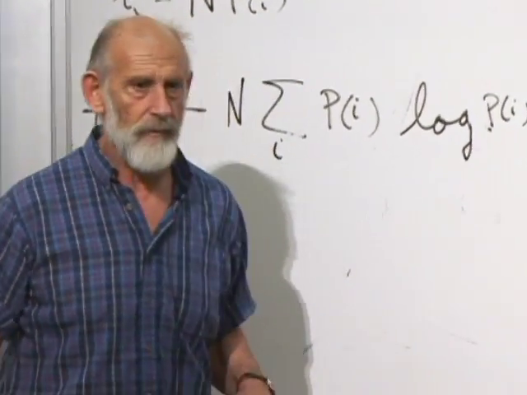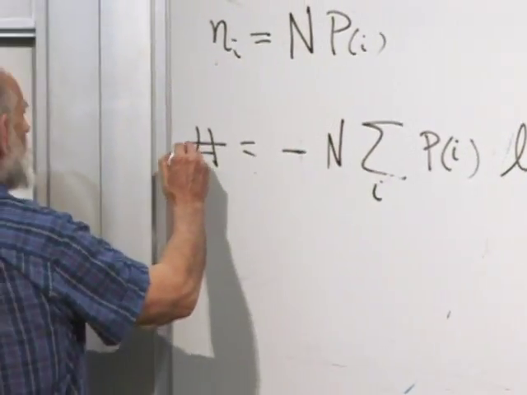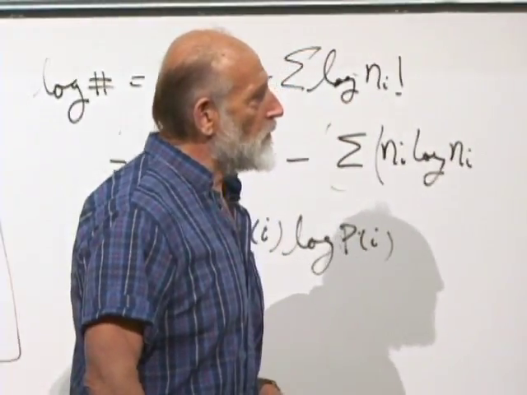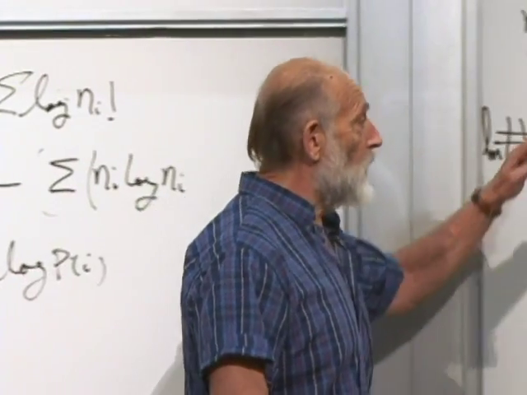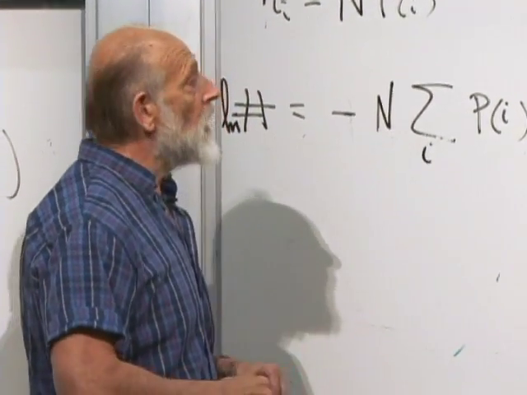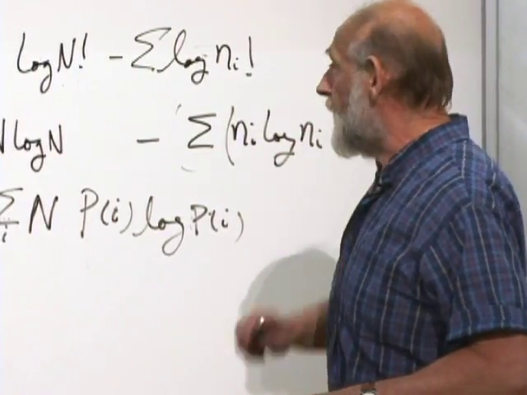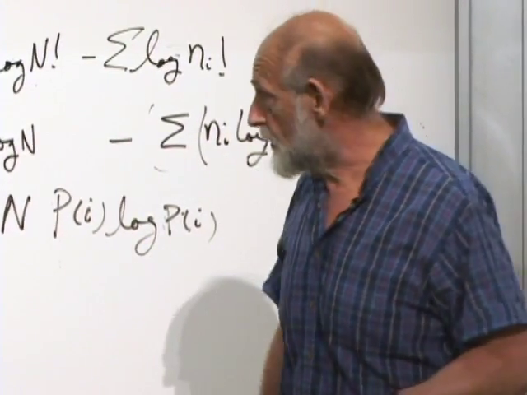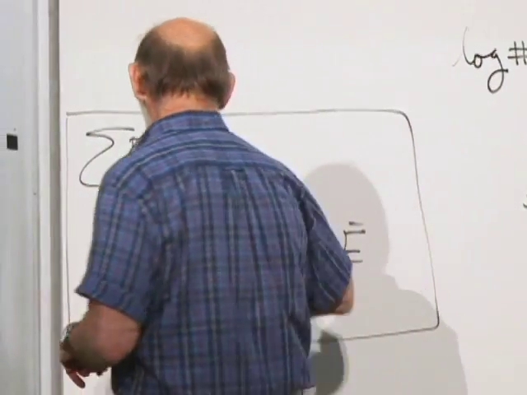Yeah, that's log 10. ln, same as log. Log pound is minus n times p sub i log p sub i, and we want to maximize this whole thing, including the minus sign. In other words, we want to find out what little n's give us the most likely distribution of occupation numbers, but subject to two constraints.